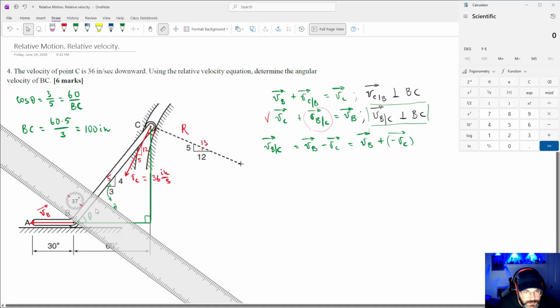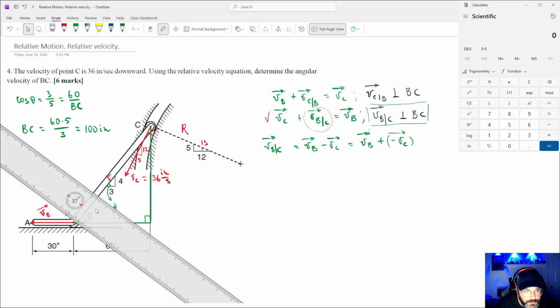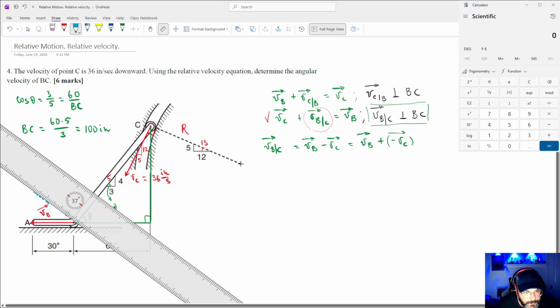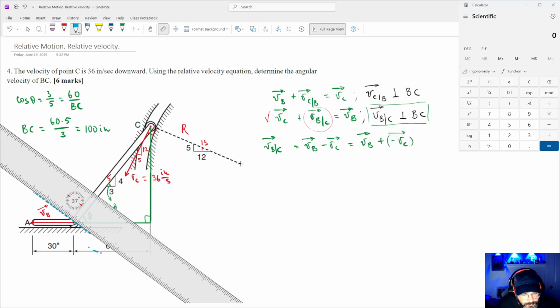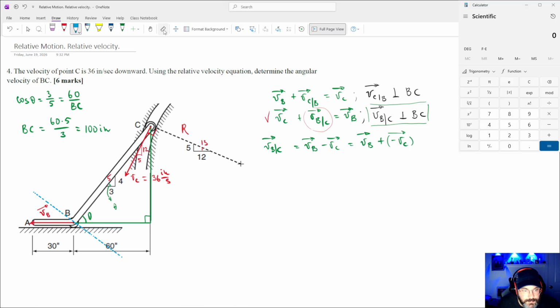So this is more or less perpendicular. This is good, so let's draw this dashed line here. Somewhere there, our relative velocity vector will be located.